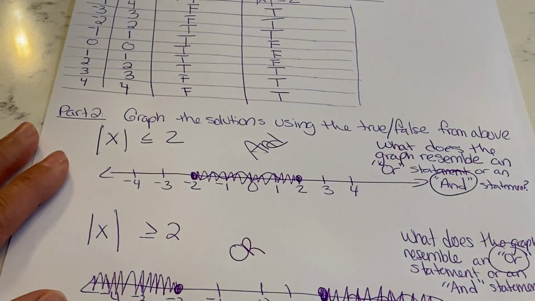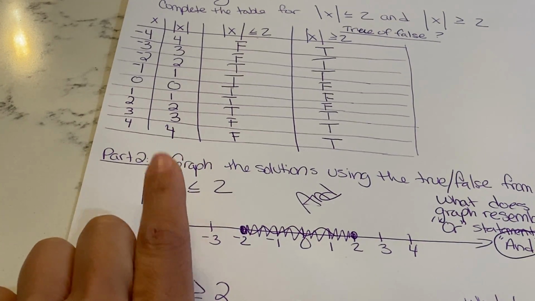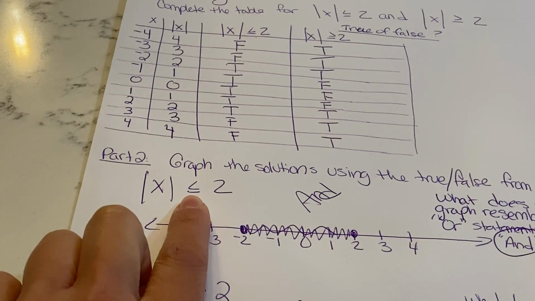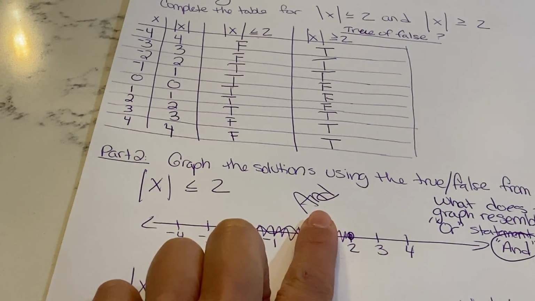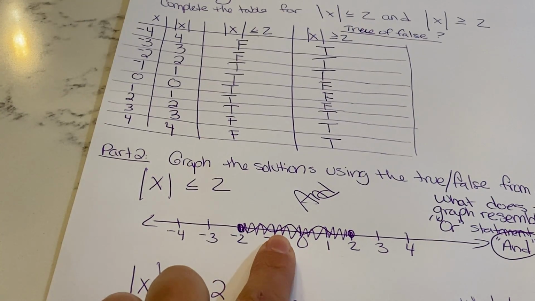So for graphs, an absolute value inequality that has a less than or equal will represent an and. Your graph should look like this, everything in between.